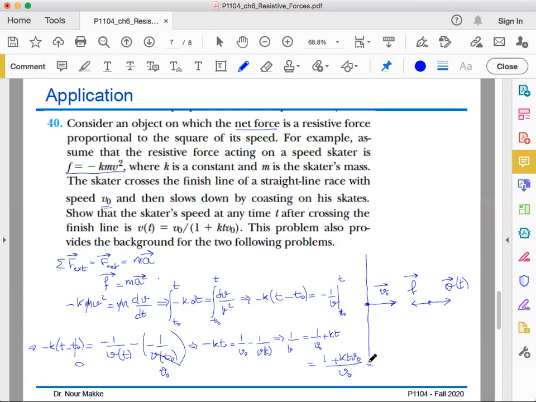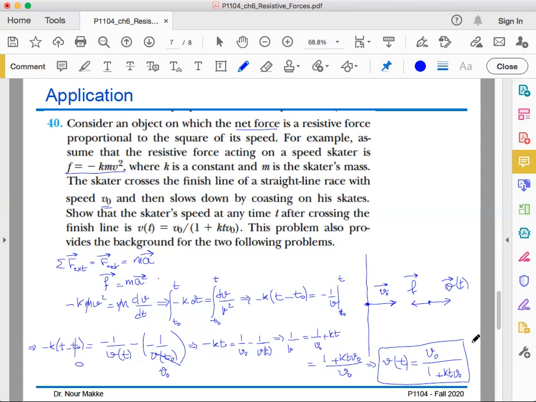From here, v, the speed at a given time t, is given by v0 divided by 1 plus k times t times v0, and this is what you need to show. So this is the solution.